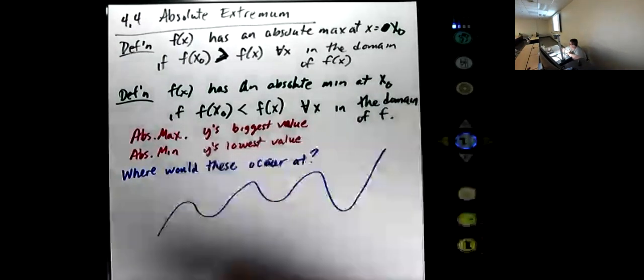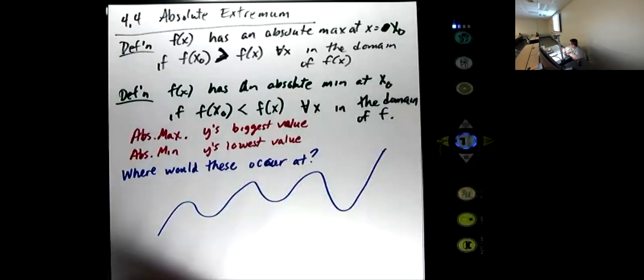Where could the maximums and minimums occur? It can't be an absolute max if it's not a relative max in the first place, right?